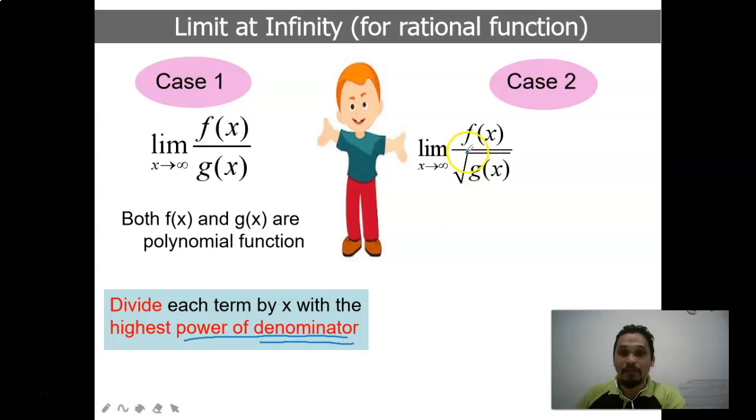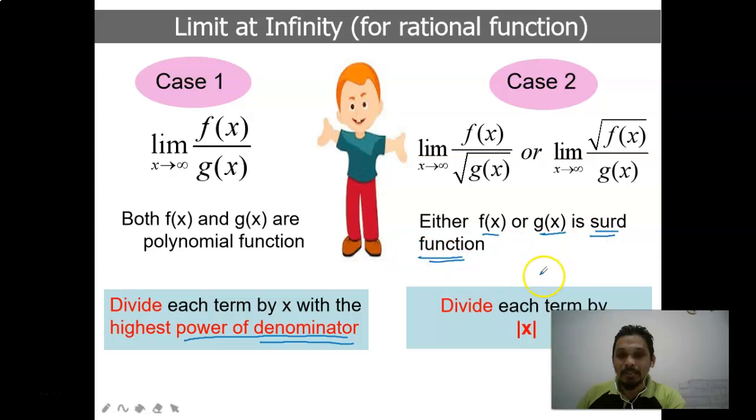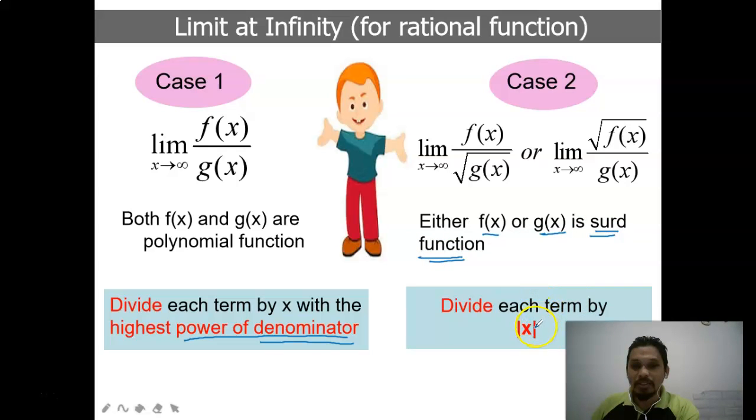And then if it is the limit of f(x) divided by the square root of g(x), or otherwise the limit of the square root of f(x) divided by g(x), either function f(x) or g(x) with a square root function, and the key is with the square root function, then divide each term by the absolute value of x.